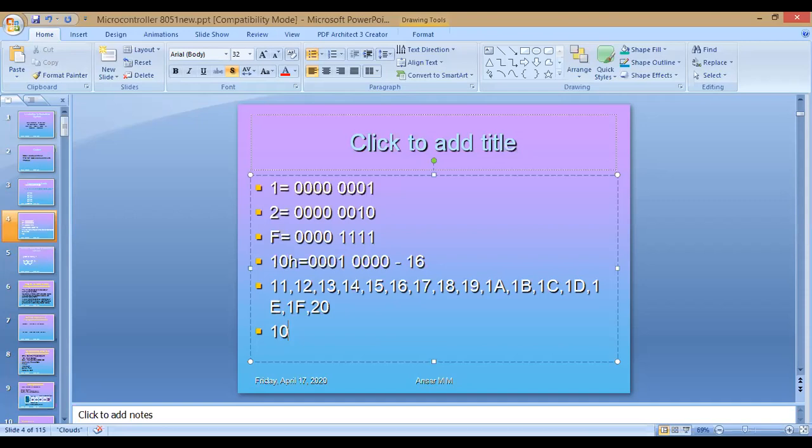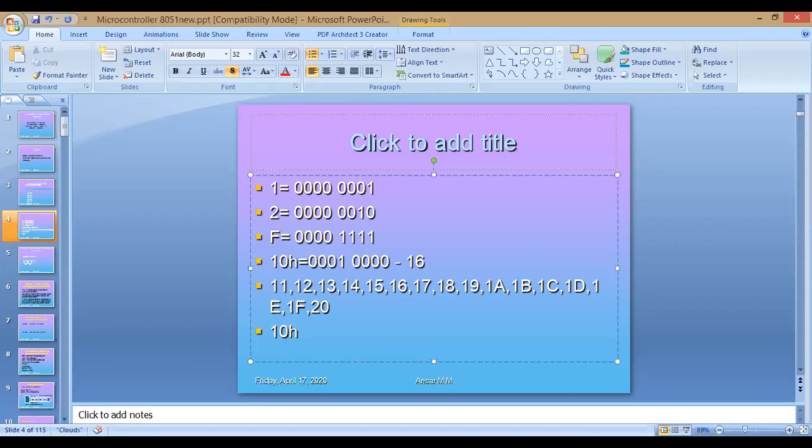If we have to represent a decimal 10, then we write 10D, with a small letter d. This indicates the number is a decimal number. If it is a B, then the number is a binary number, or if it is an H, it is a hexadecimal number.